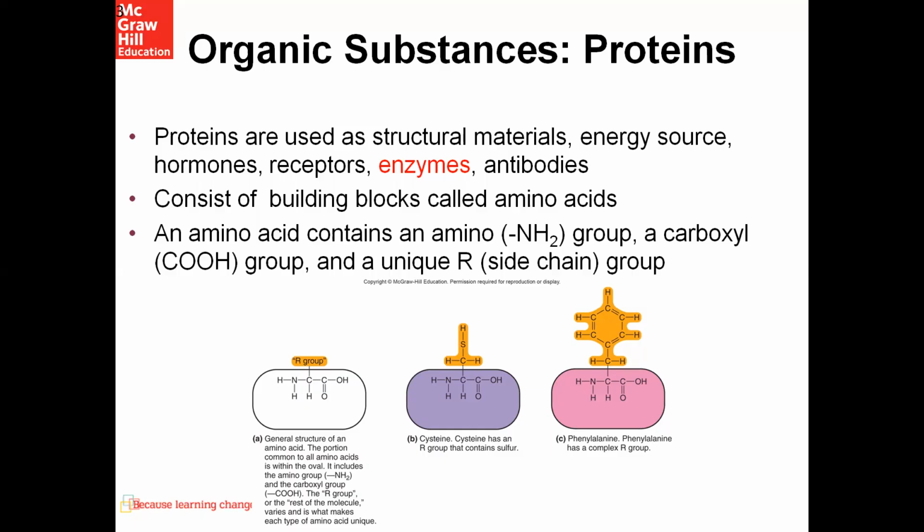When we think about their building blocks, remember that they are made up of amino acids. We can see an amino acid down here at the bottom. They all have a central carbon atom. I'm going to draw the central carbon atom, and you'll see that it is attached to a hydrogen.